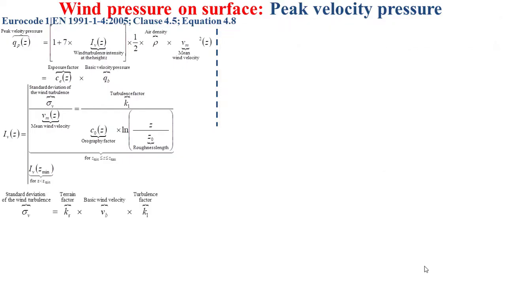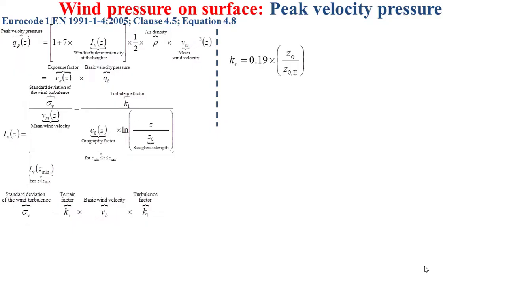Well, now for the standard deviation of the wind turbulence denoted by sigma v, it is expressed as a certain terrain factor Kr multiplied by the basic wind velocity Vb multiplied by the turbulence factor K1.